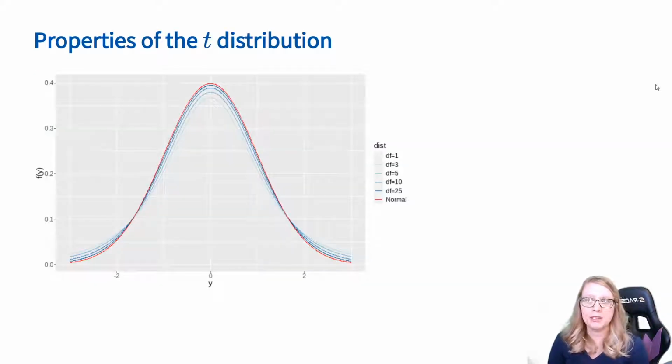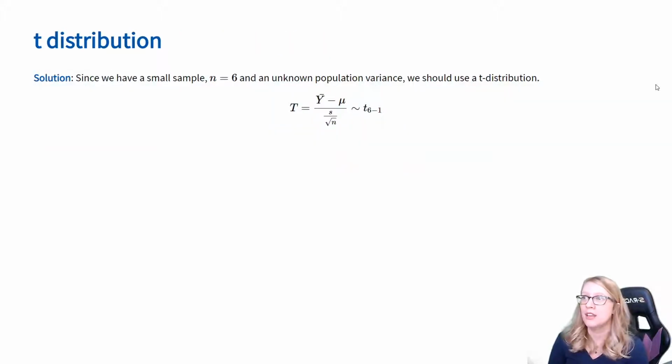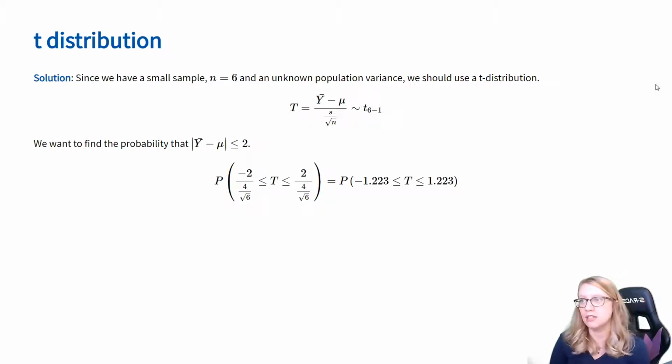Now in practice, this t distribution becomes useful when we don't know the population variance, when we don't know sigma, and all we have is an estimate of it, s. So we have a small sample, we have unknown population variance, we only have our sample variance s. We'll use a t distribution here to model this.